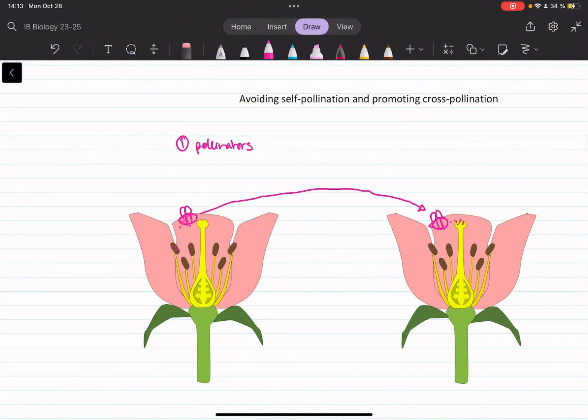And then the bee will get some pollen from this flower, and those will get stuck onto it. And then when it moves on to the next flower, it'll repeat the process. It'll deposit some pollen grains from the other flowers and then pick up new pollen from that flower. And so the cycle continues. And so that allows for more cross-pollination.